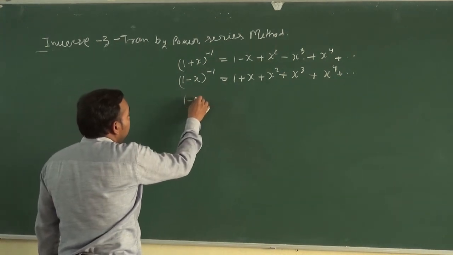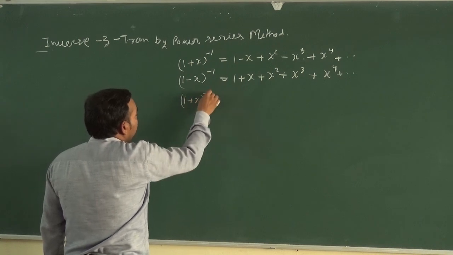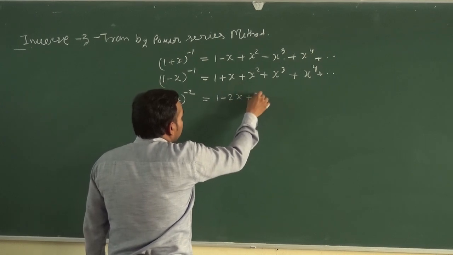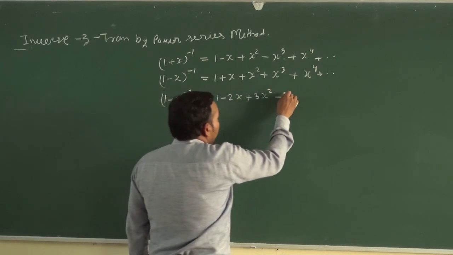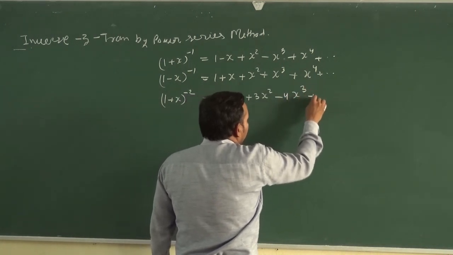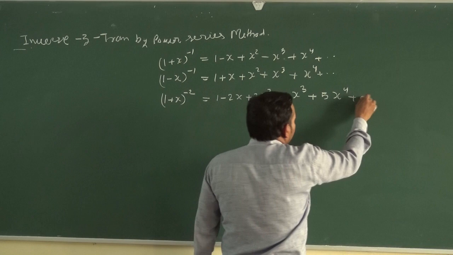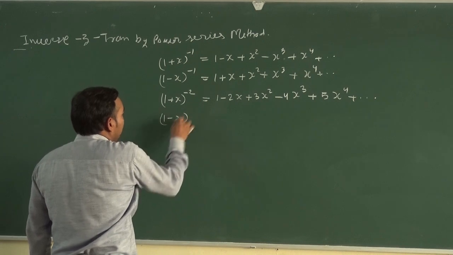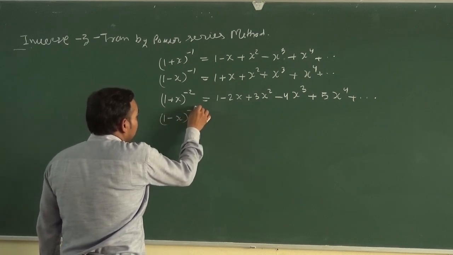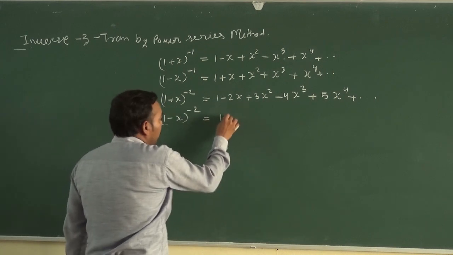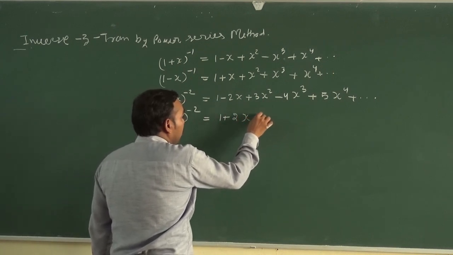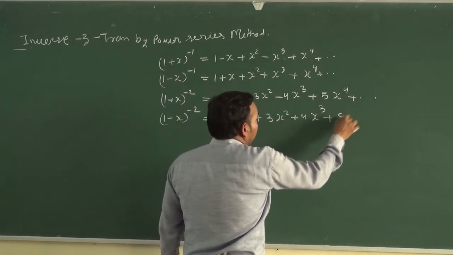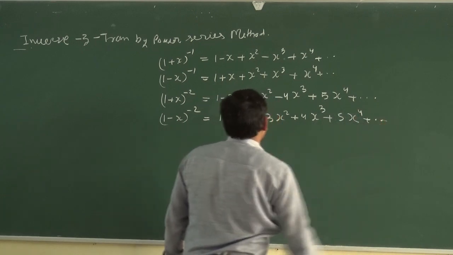And 1 plus x to the power minus 2 is 1 minus 2x plus 3x square minus 4x cube plus 5x to the power 4 and so on. And 1 minus x to the power minus 2 is 1 plus 2x plus 3x square plus 4x cube plus 5x4 and so on.